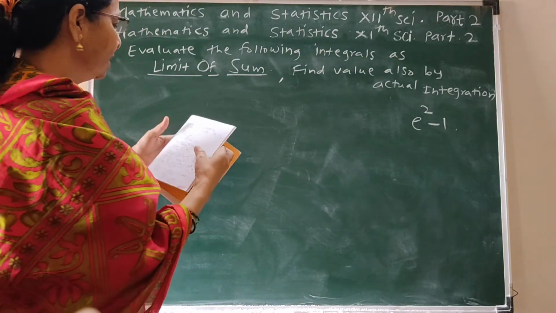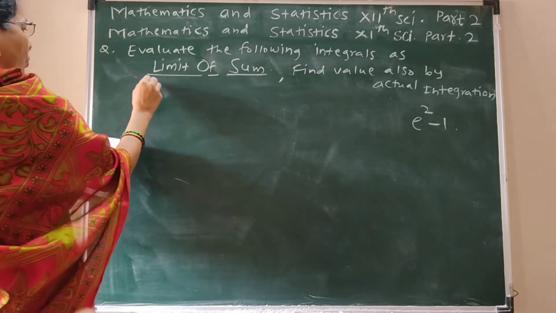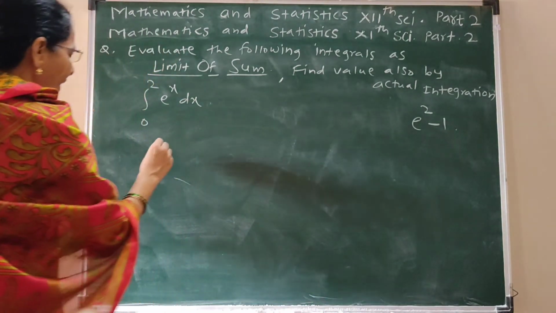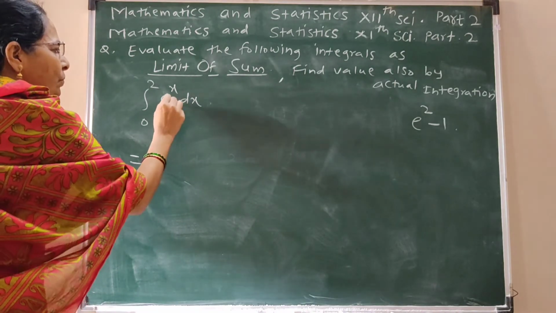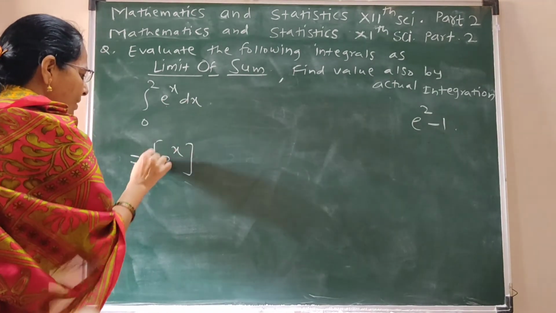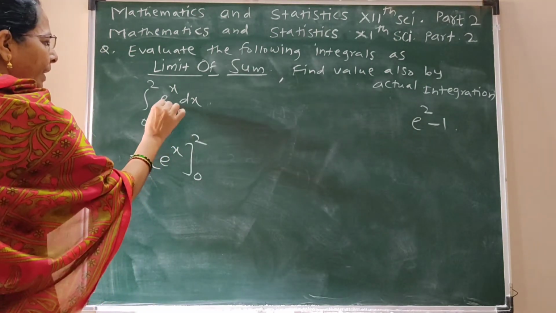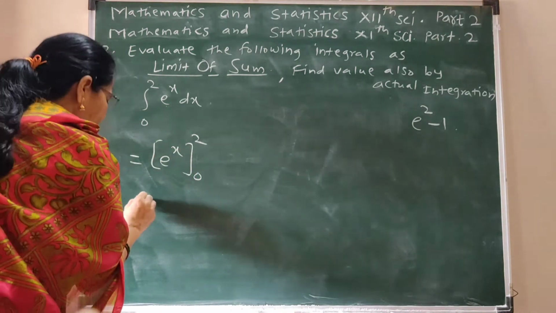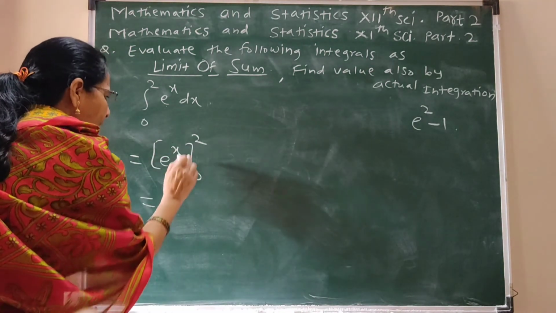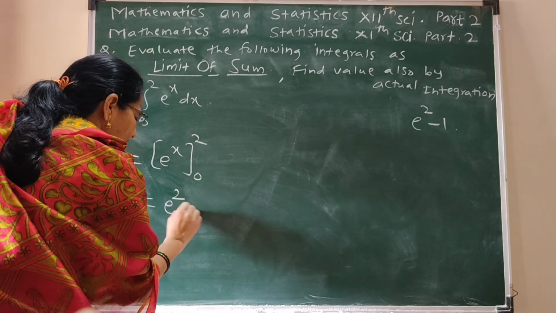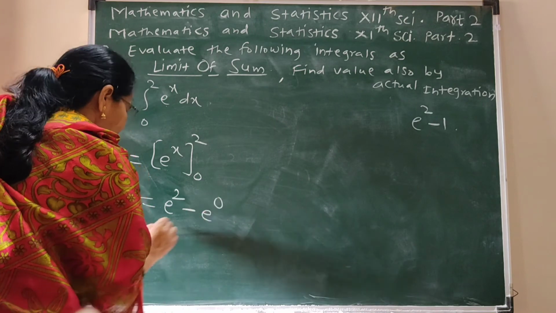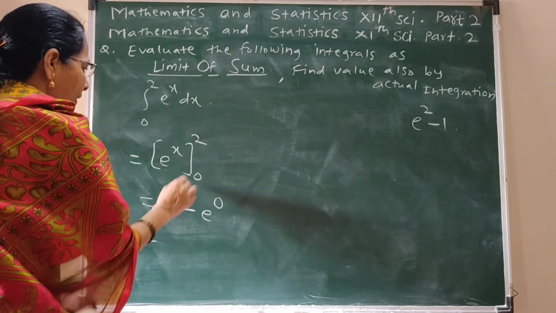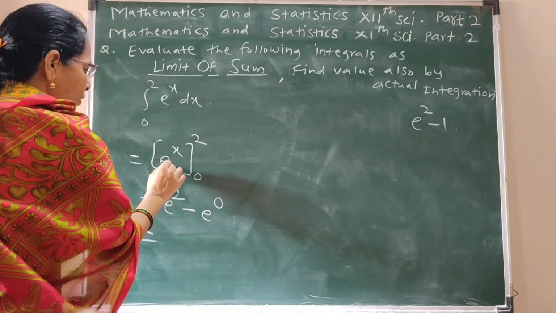Actual integration means the integral from 0 to 2 of e^x dx. The integration of e^x is e^x, with limits 0 to 2. According to the fundamental theorem of integral calculus, it is e^x at the upper limit 2 minus e^x at the lower limit 0.